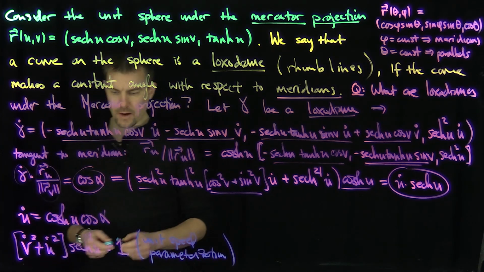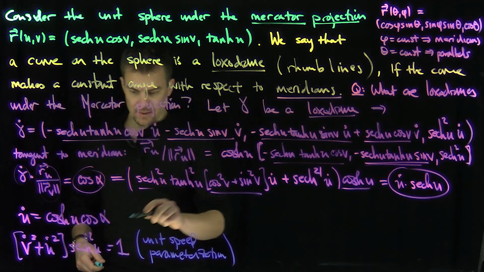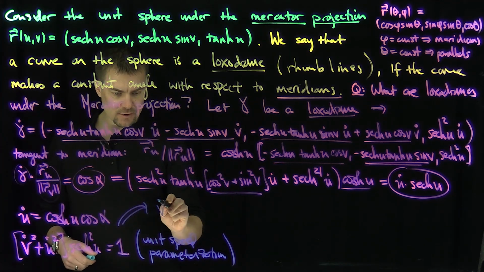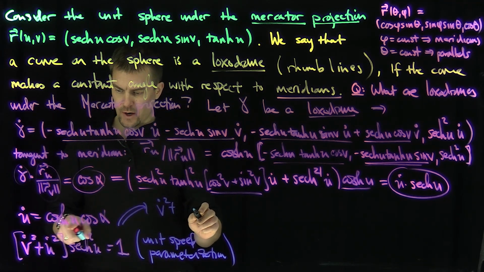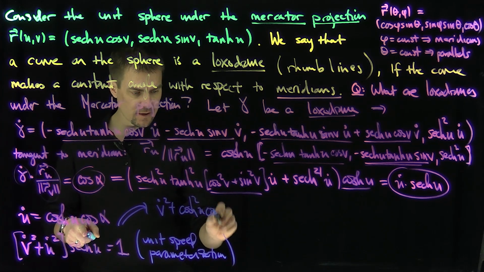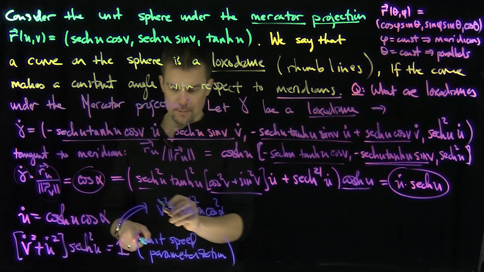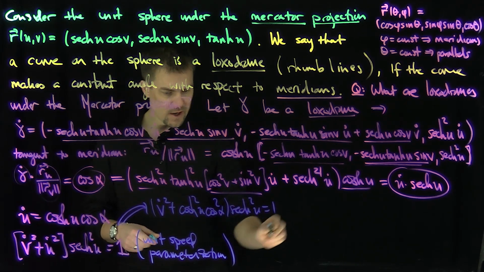Okay. And so now, of course, what's going to happen over here? This is going to say that V dot squared plus cosh squared U cosine squared alpha times hyperbolic secant squared U is equal to 1.